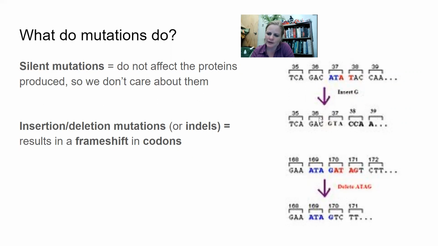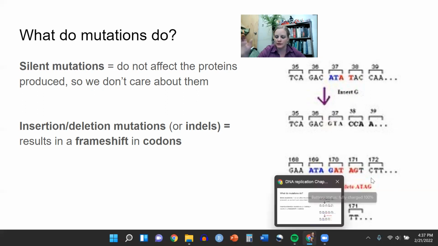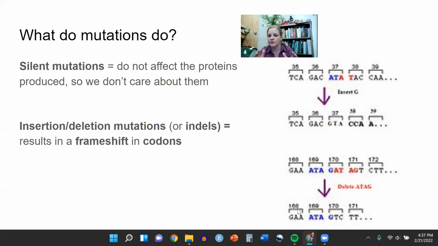If we insert this G here where it's not supposed to be, then that messes up the whole rest of the codons from here on out. They're all messed up. Or if we deleted a portion of that genome, then we would also see a mistake in how those codons are being read. And those indels create the biggest problems.